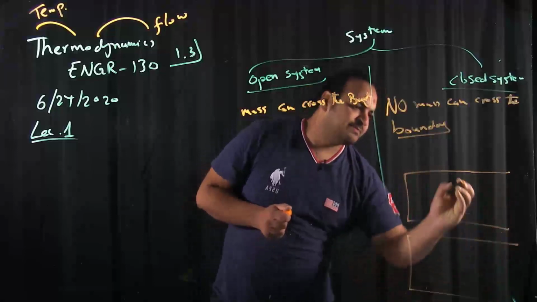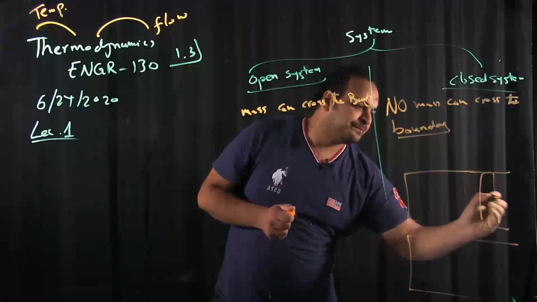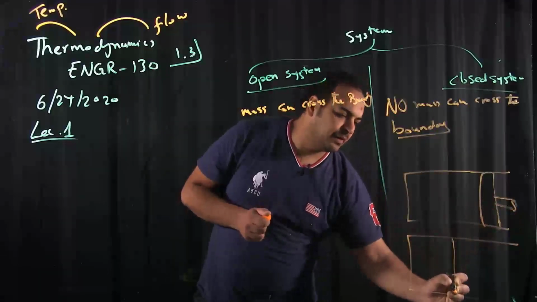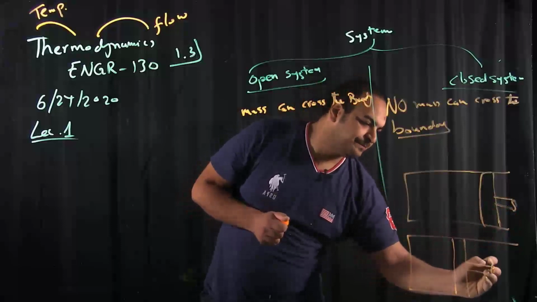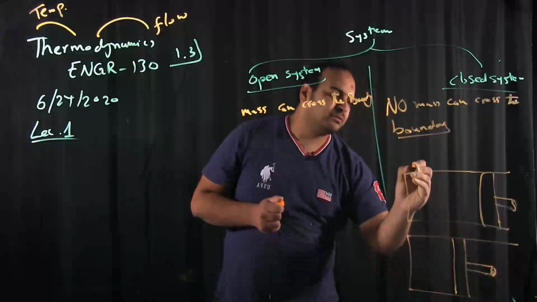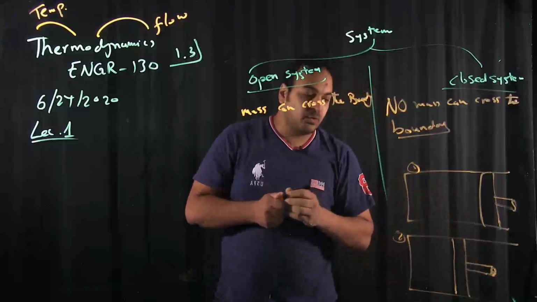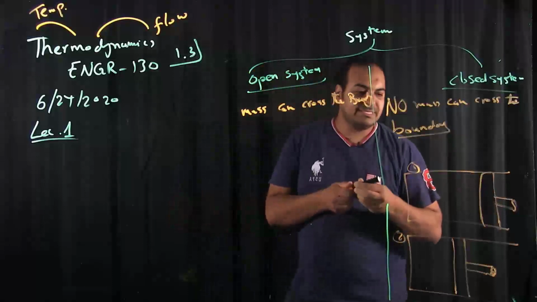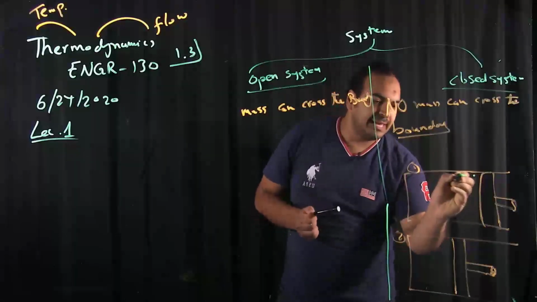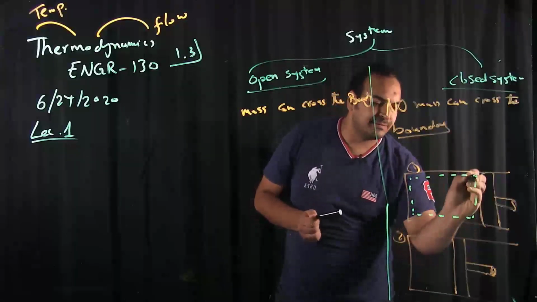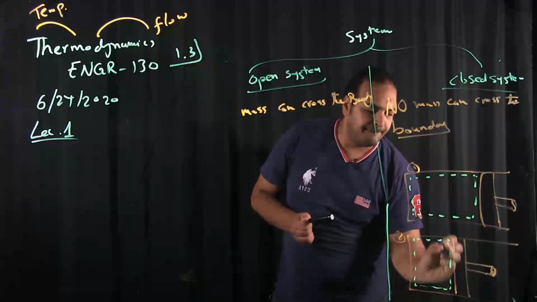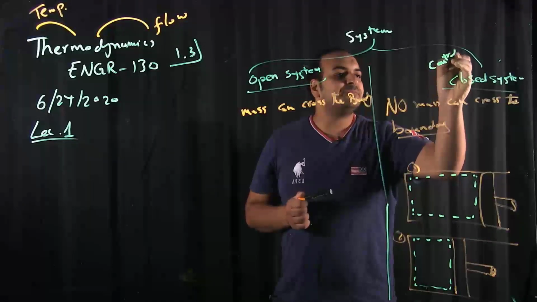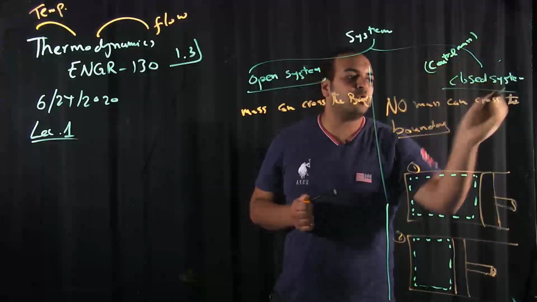The piston was here, I added some force, and it became here. I compressed the gas, so we call it state 1, state 2. Nothing went in, nothing went out. We have the same amount of mass. That's why we call it a control mass system or closed system.